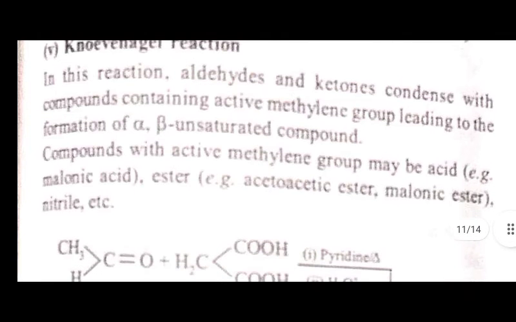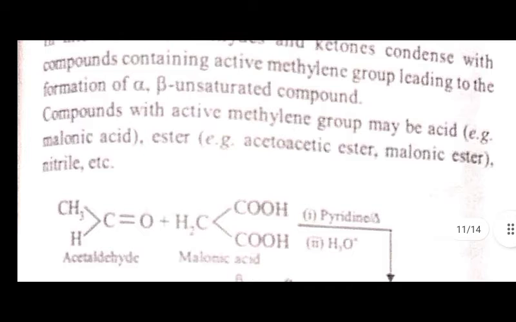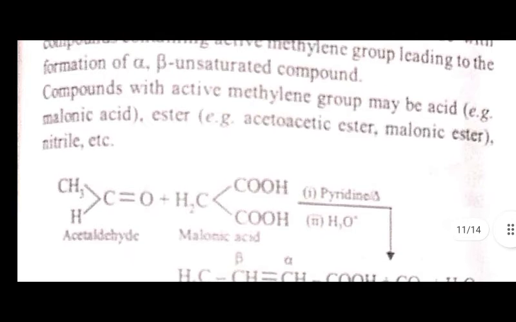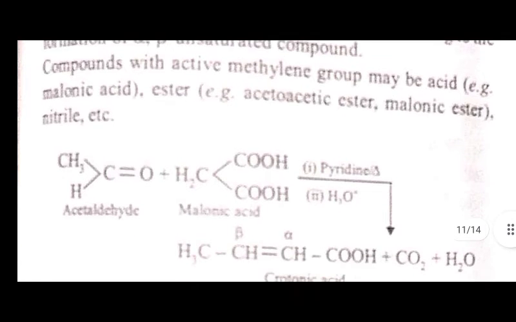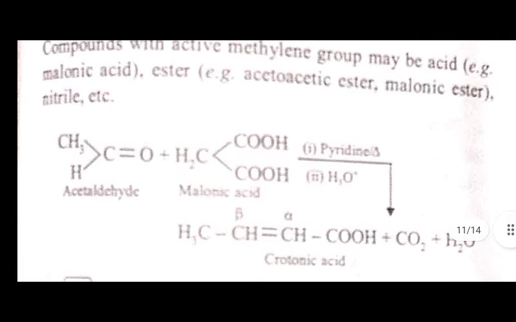Knoevenagel reaction, again something of high level information you can say. It involves a compound containing an active methylene group, leading to the formation of an alpha beta unsaturated compound. Malonic acid is one of the famous examples, or acetoacetic ester, malonic esters.